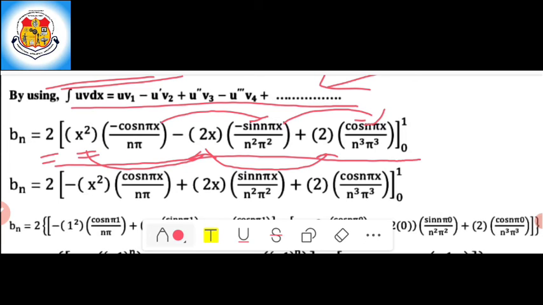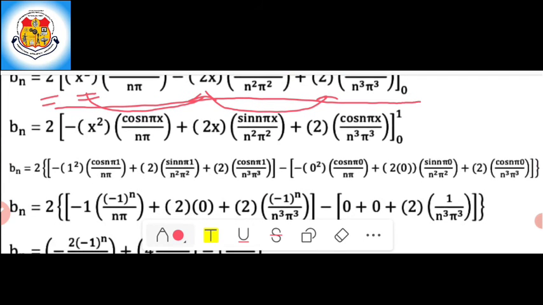So we apply the limits 0 to 1, with the upper limit 1 and the lower limit 0.